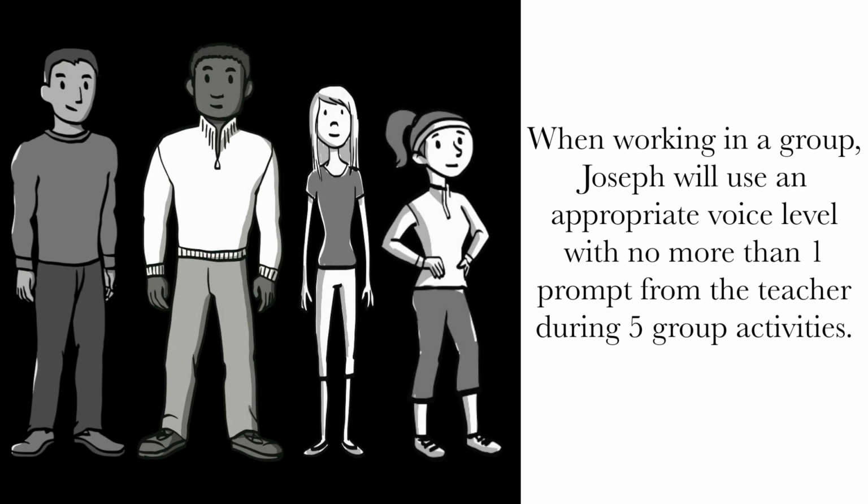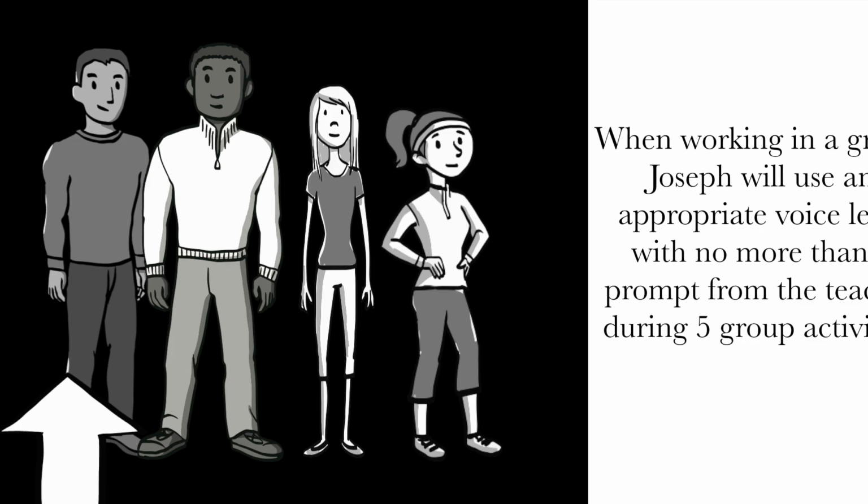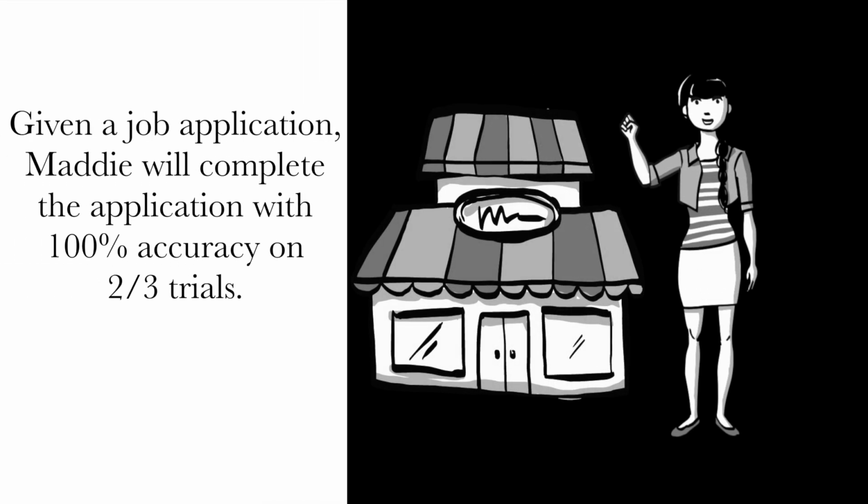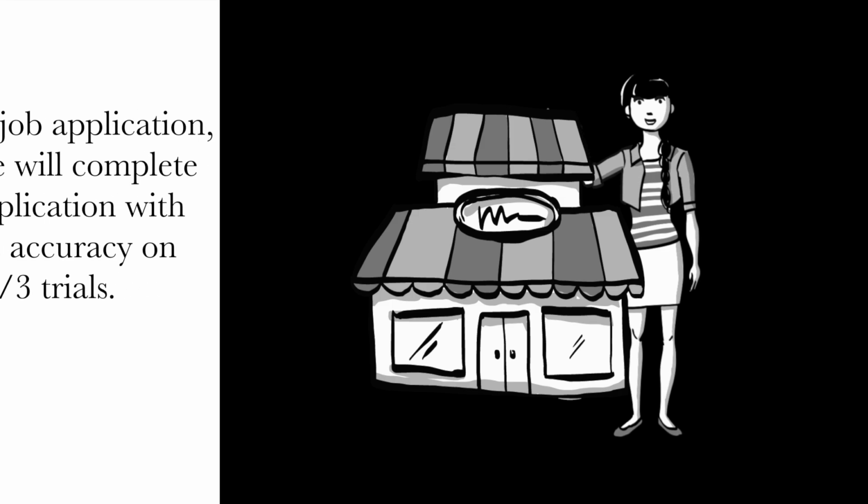Behavior. When working in a group, Joseph will use an appropriate voice level with no more than 1 prompt from the teacher in 5 group activities. Transition. Given a job application, Maddie will complete the application with 100% accuracy in 2 of 3 trials.